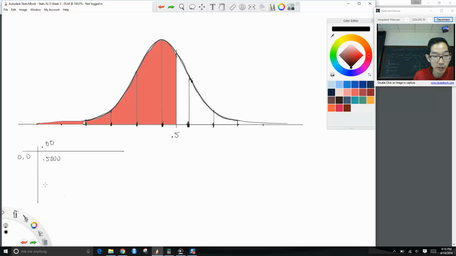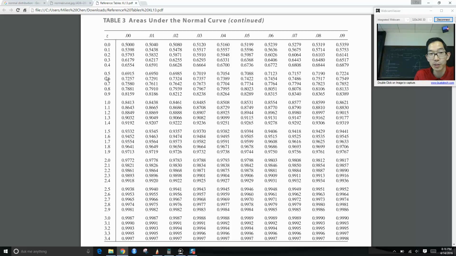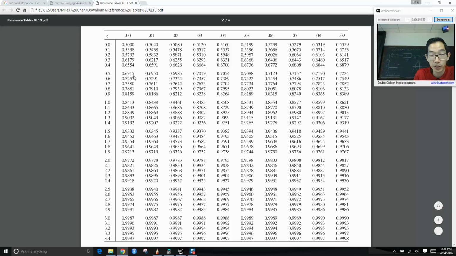Now what we want to look up is the value 0.5. We would go to our table, the row is 0.5, the column is 00, and so we have 0.6915.